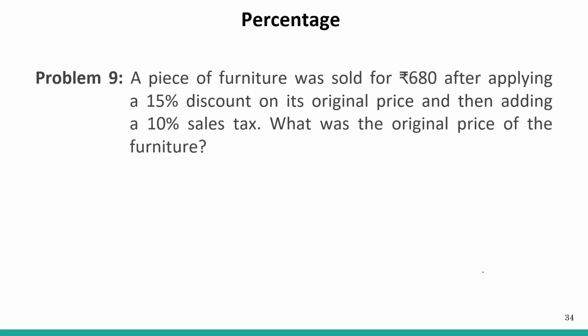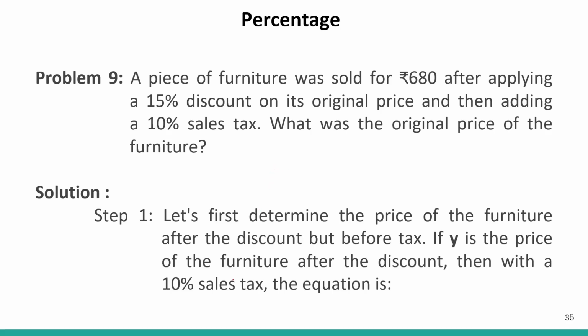Let's see problem number 9. A piece of furniture was sold for 680 after applying a 15% discount on its original price, then adding a 10% sales tax. What is the original price of the furniture? Here, step number 1: we first determine the price of the furniture after discount but before tax.